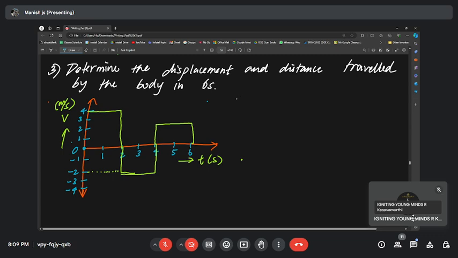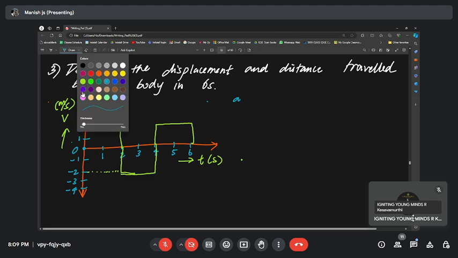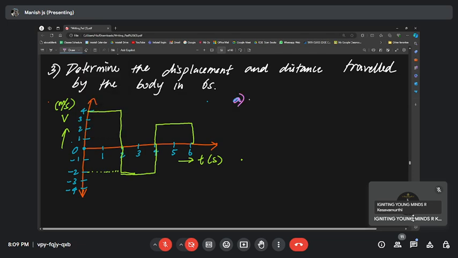I'll give you the options on the right side. Option A, 8 meters, 16 meters. Option B, 16 meters, 8 meters.